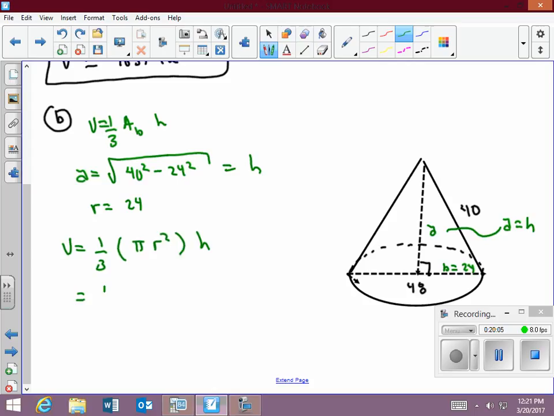So I'll just put all this in at once. So 1/3 pi times 24 squared times the square root of 40 squared minus 24 squared.